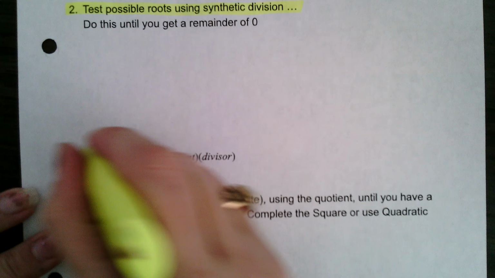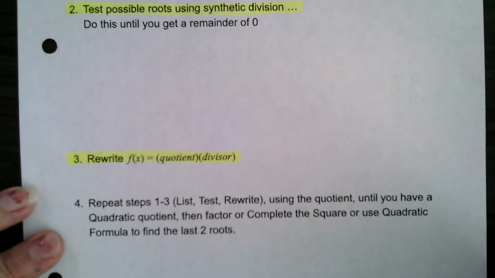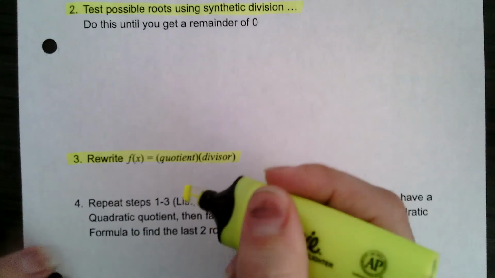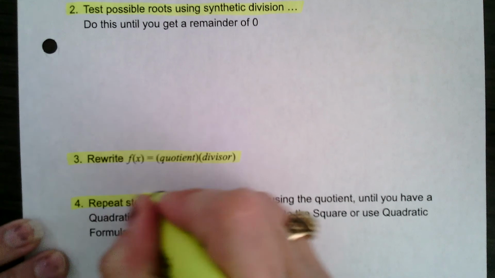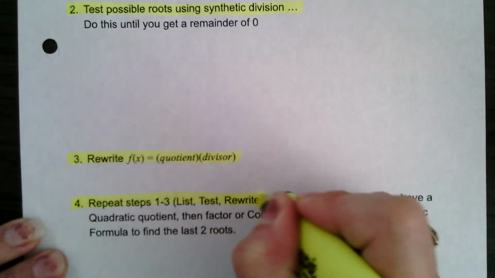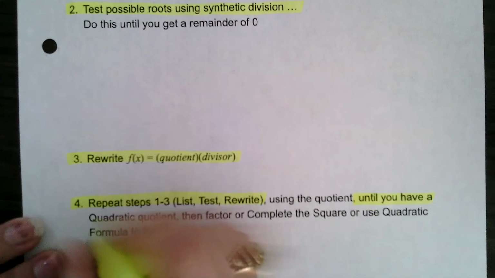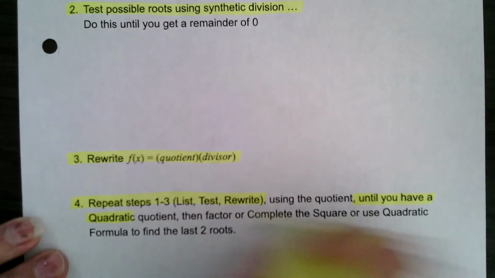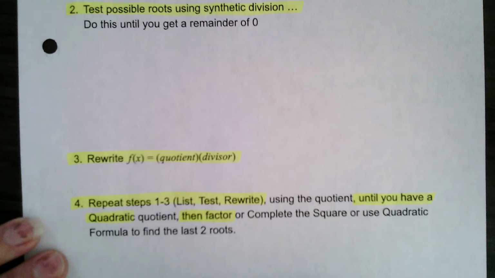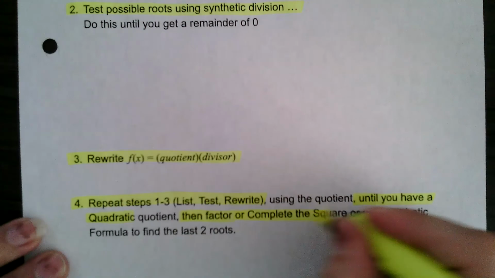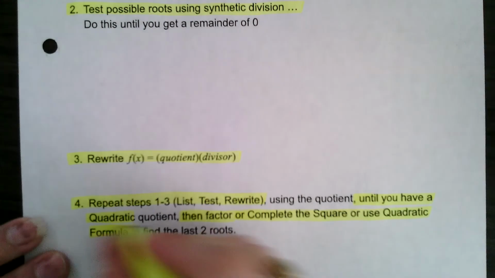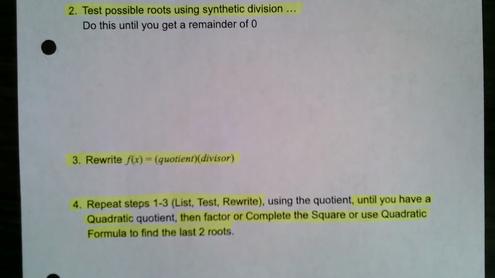Then we're going to rewrite our function as the quotient times the divisor. And then we repeat those first 3 steps, list, test, rewrite, until you have a quadratic. And then you can factor or complete the square or use the quadratic formula to find the last 2 roots. Okay. So we'll get a lot of practice doing those steps.